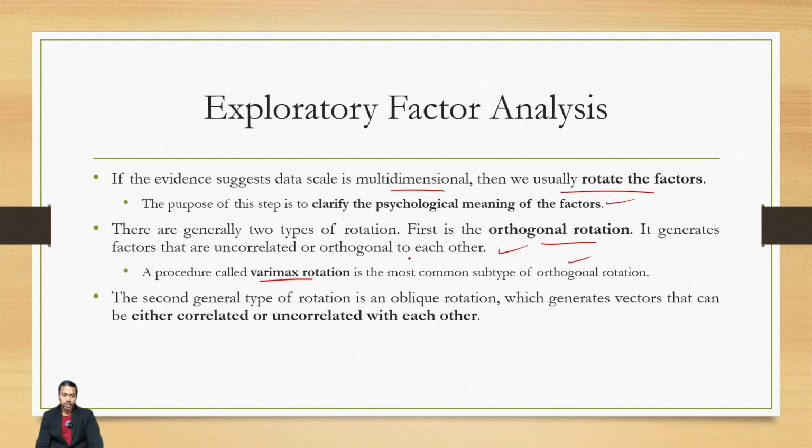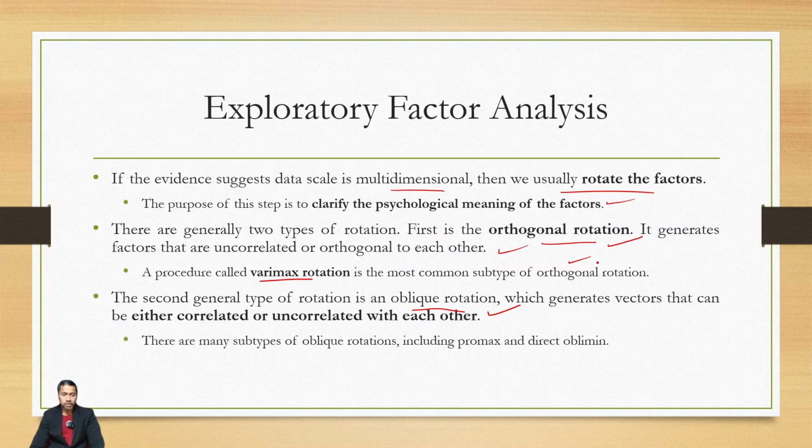The second type of rotation is called the oblique rotation, and oblique rotation gives the freedom to the dimensions to be correlated or uncorrelated with each other based upon the data that is collected. It doesn't force fit them to be uncorrelated, as happens in orthogonal rotation.